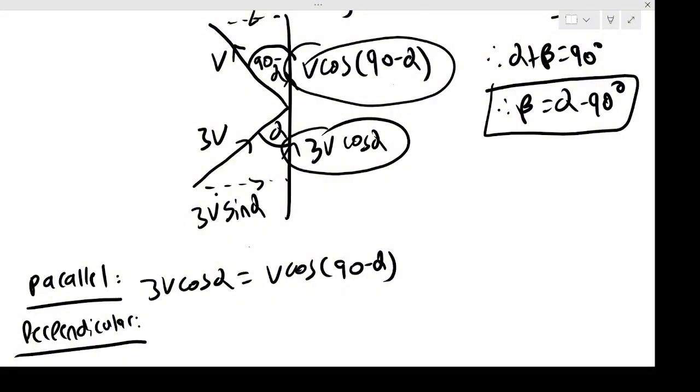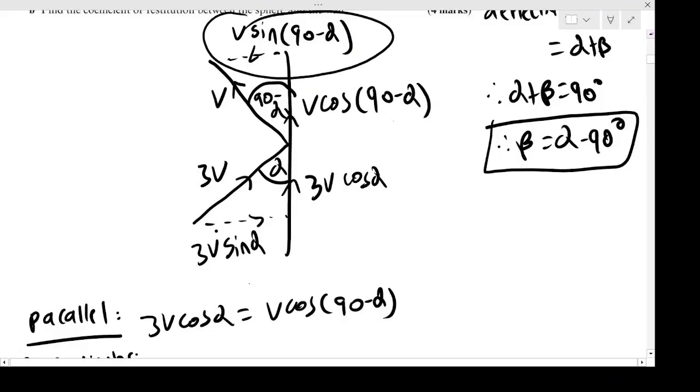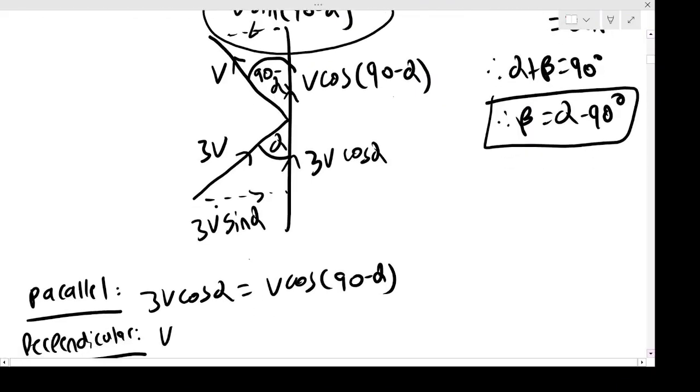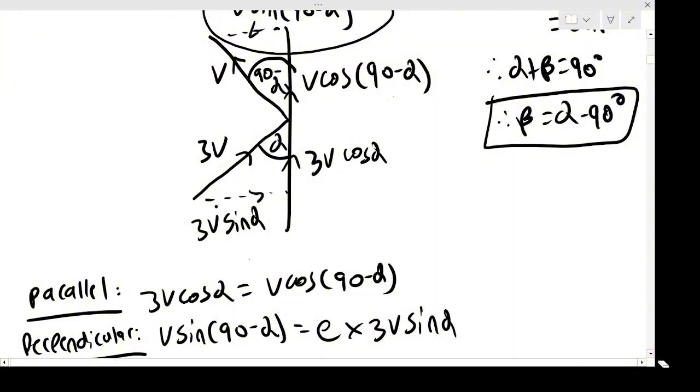Perpendicular wise, the component afterwards is v sine of 90 minus alpha. That's going to equal e lots of the original component, so e lots of 3v sine alpha. So these are my two equations.